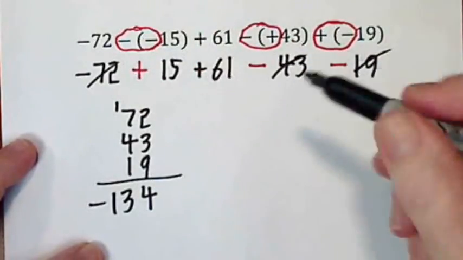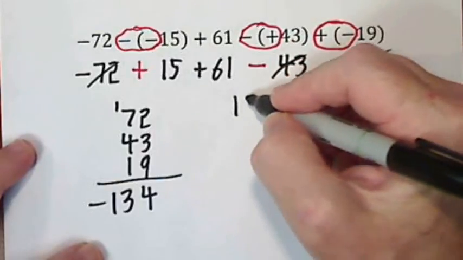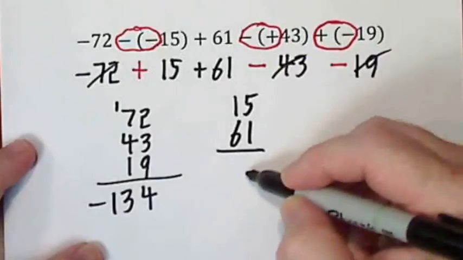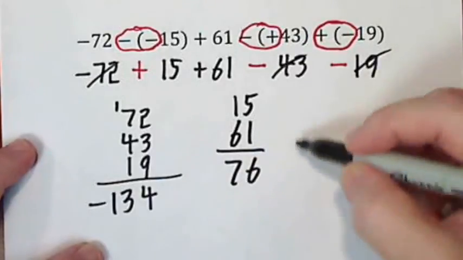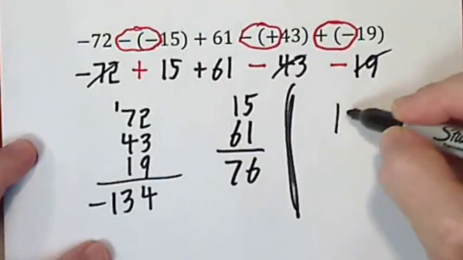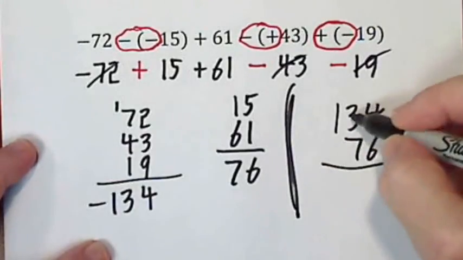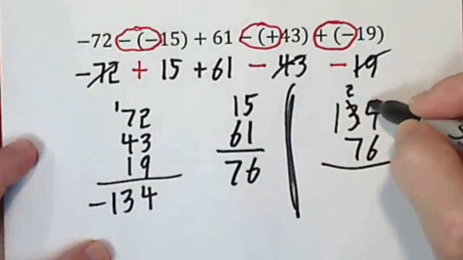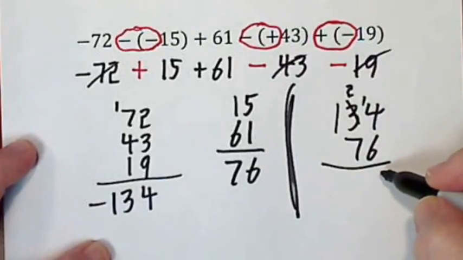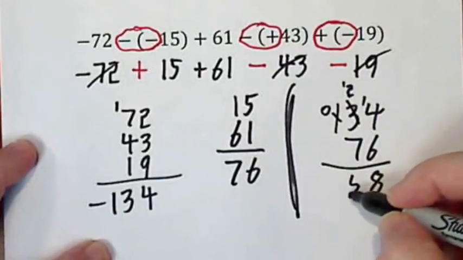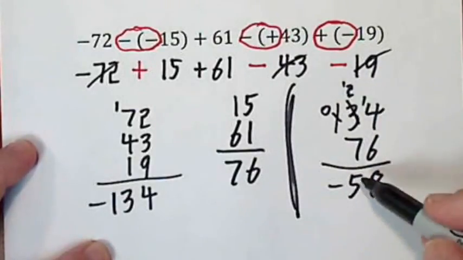The only thing left is 15 and 61. You'll have one subtraction. And another negative.